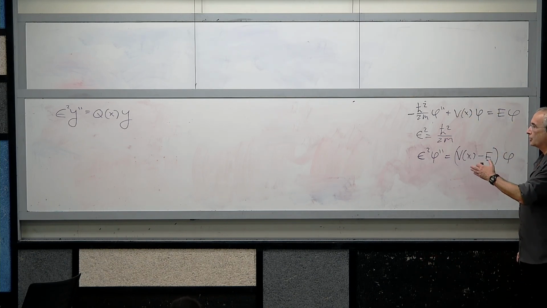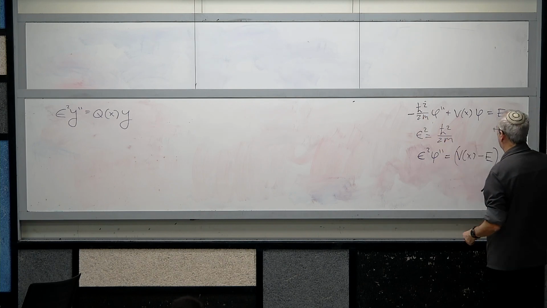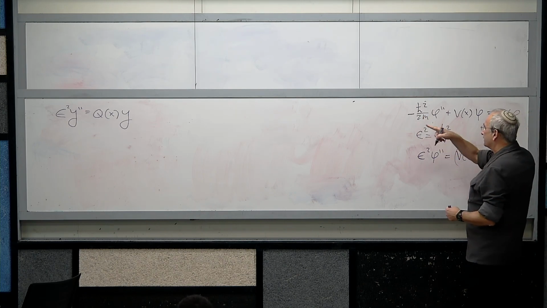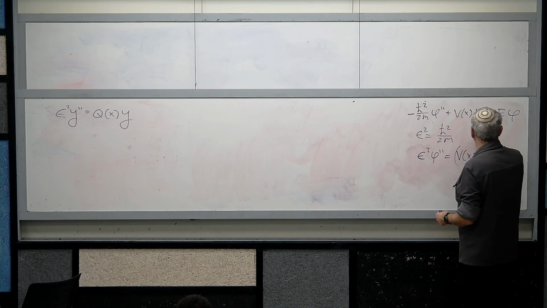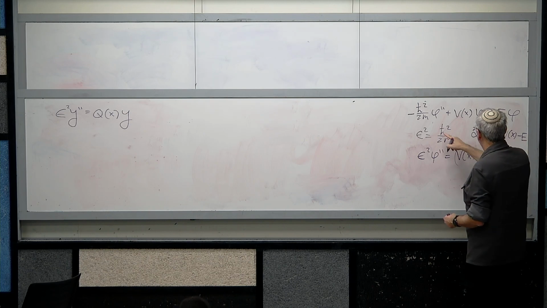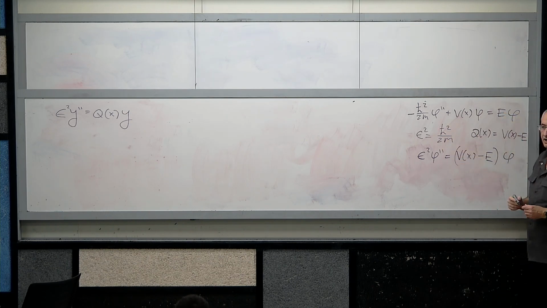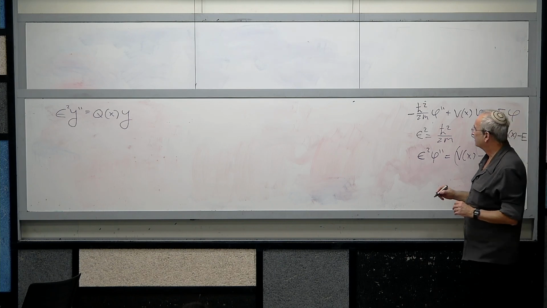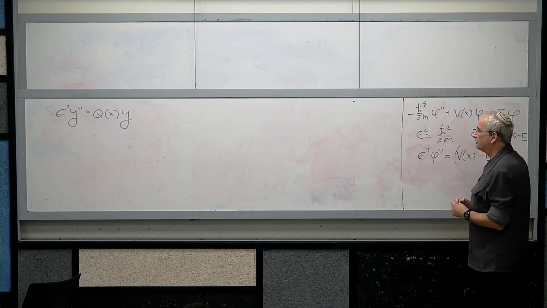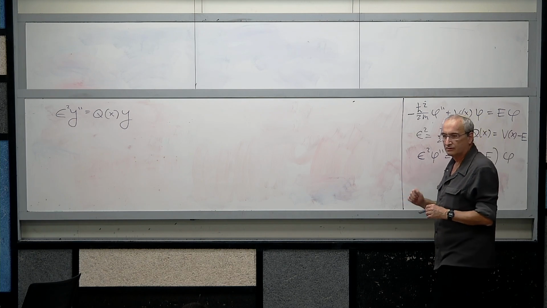So the time independent Schrödinger equation is mapped to this equation if q of x is v of x minus e and epsilon squared is h squared over 2m. This is just the establishment of the connection between the two sides.